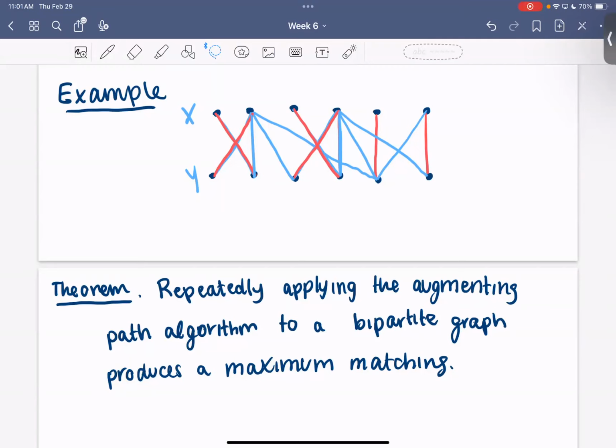A different maximum matching? One thing is it's pretty easy to check that this is a maximum matching because it saturates X, so it's not possible for us to include any more edges. Are there questions about any of this stuff?